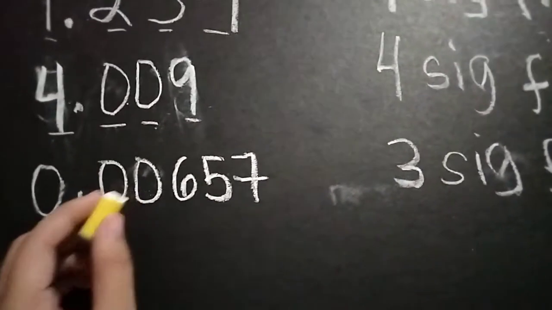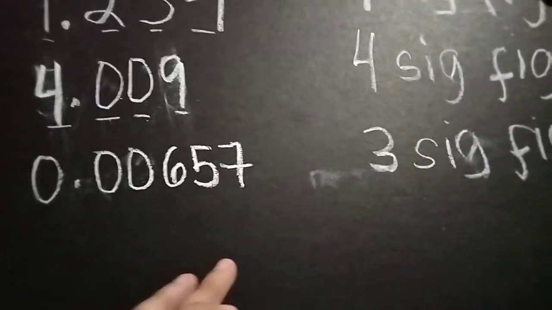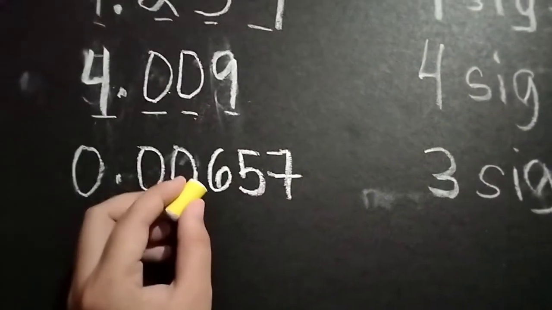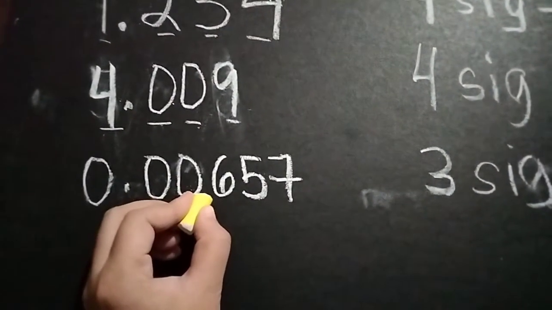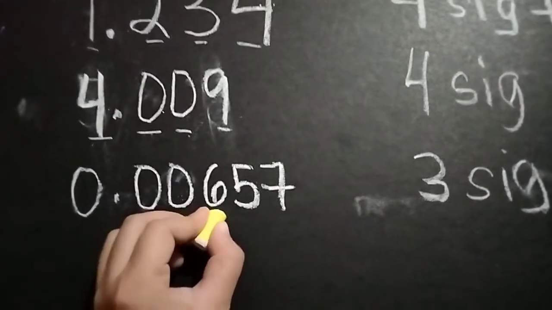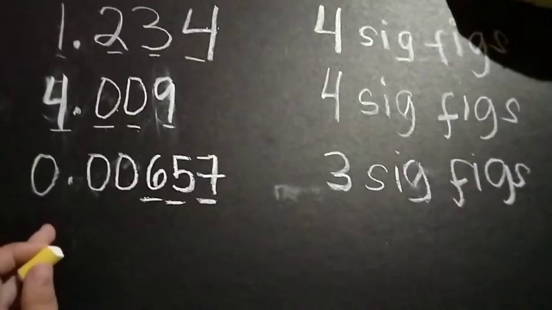So we have 0.00657. The significant numbers that we count are only 6, 5, and 7. And that's 3 significant figures.